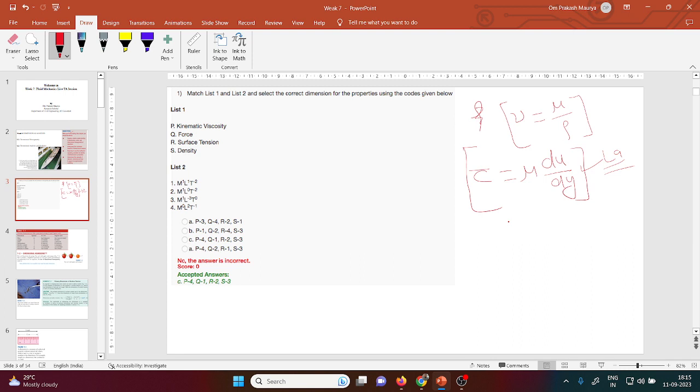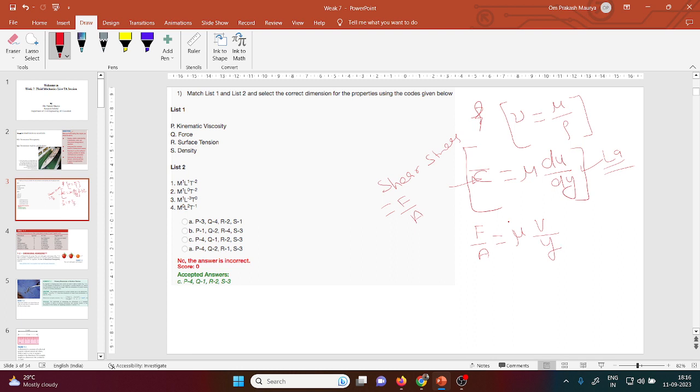This term represents the shear stress. So what is shear stress? Force by area. Any stress is force by area. Force by area is equal to mu du by dy, and we have to find out the unit of this. This is the velocity term and this one is the depth.